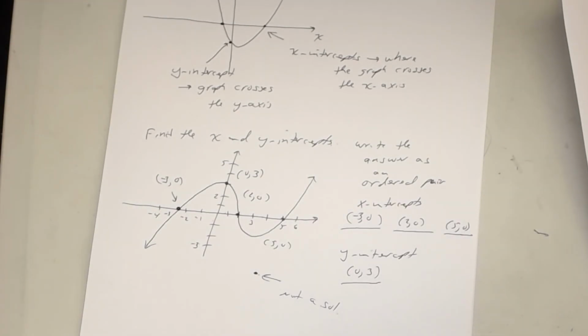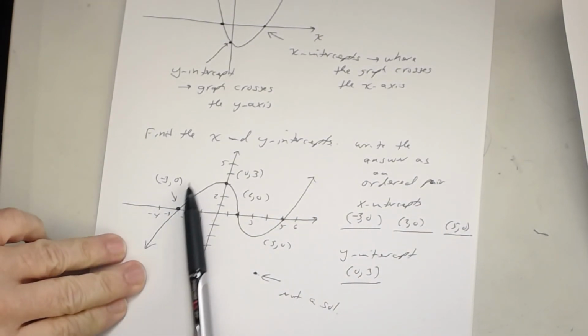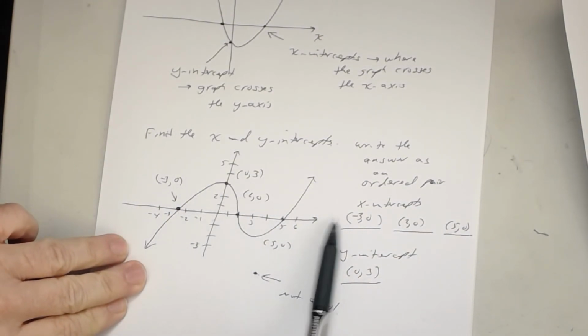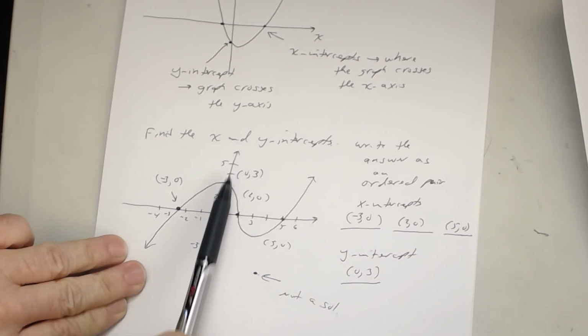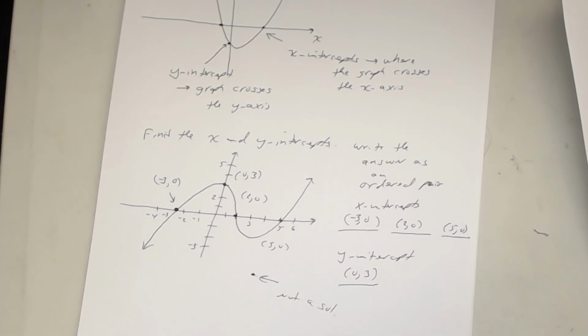Would that be an X-intercept or Y-intercept? No, because it doesn't touch the x-axis or the y-axis. The other thing you have to take from here is that whenever you're looking at the x-intercepts, your y-coordinate is always 0. Whenever you're looking at the y-intercept, the x-coordinate is always 0.